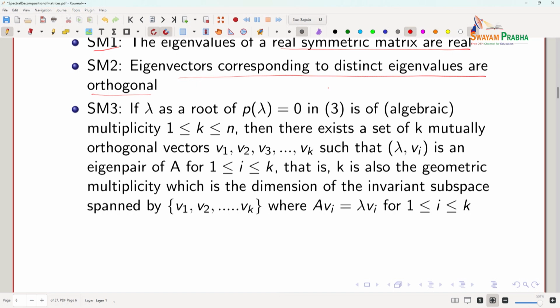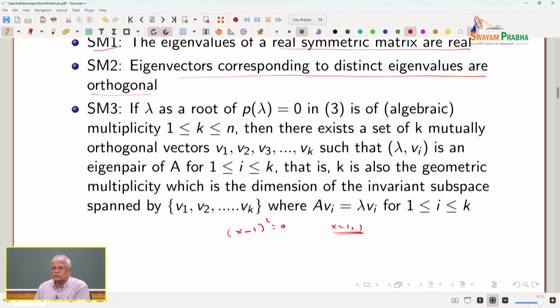If lambda is a root of P(lambda) equal to 0, the eigenvalues can have multiplicity. For example, if I have the equation (x minus 1) whole square equal to 0, x is equal to 1, 1 twice, a second degree polynomial.